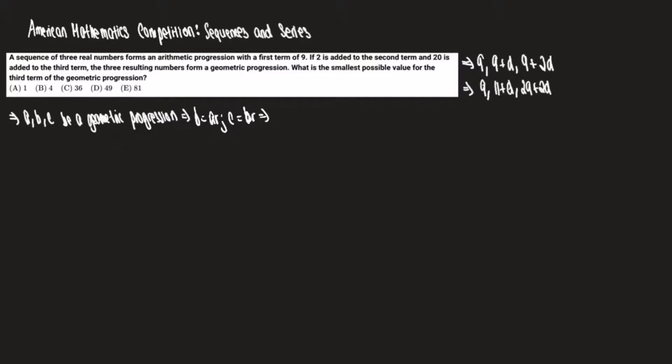So the relationship between this is that B/A equals C/B, and both of that equals R. So therefore, if we don't worry about the R, we see that B squared equals A times C.